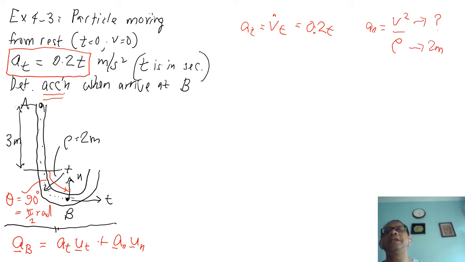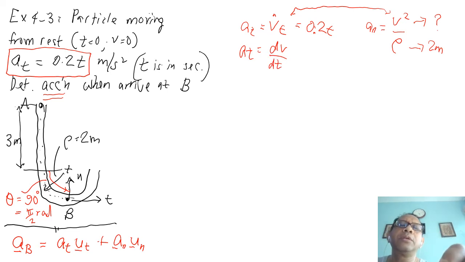But v is related to a_t. So we know there is a relationship here. It started from 0, so we can use this equation: a_t equals dv over dt.